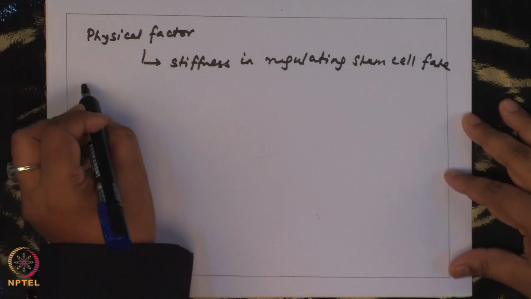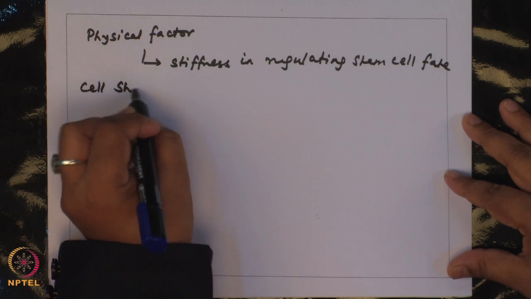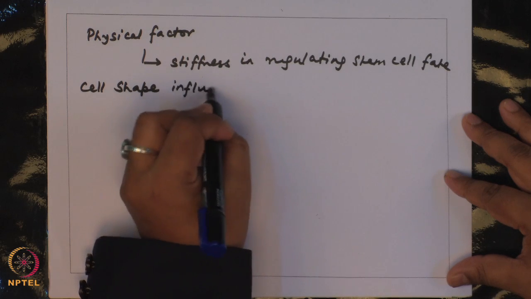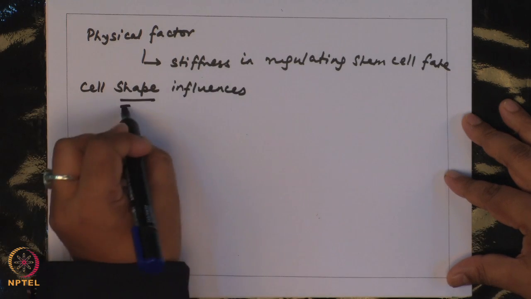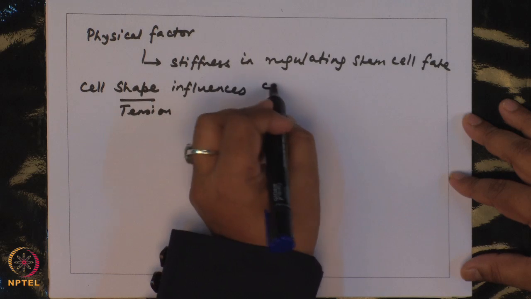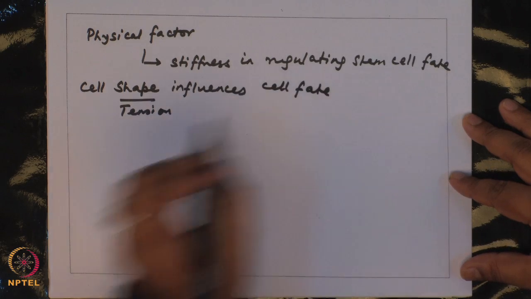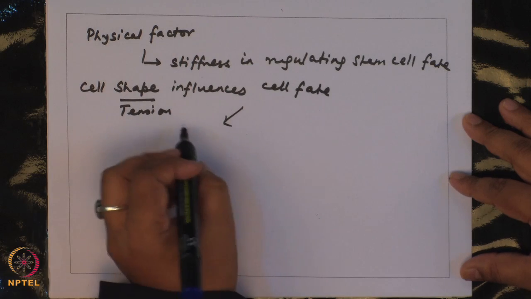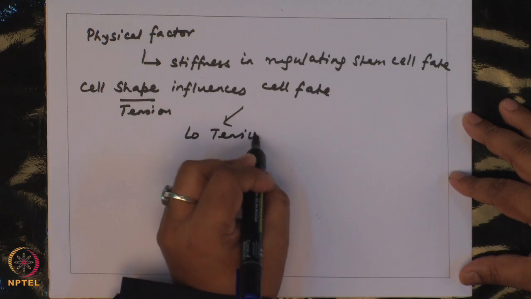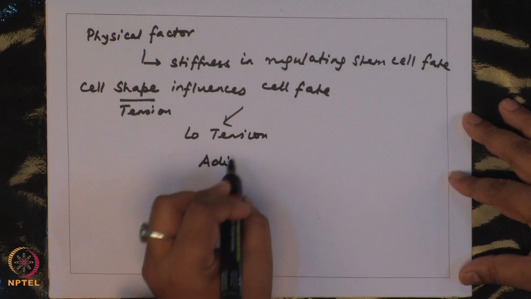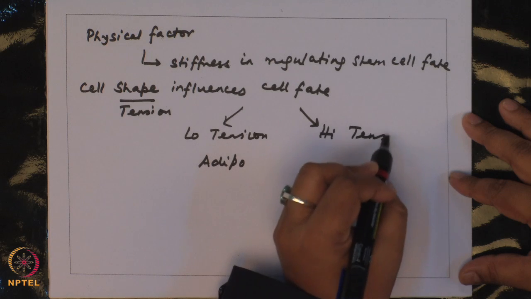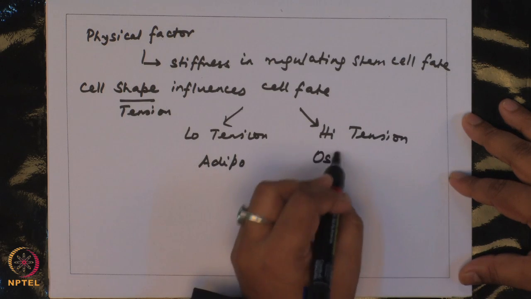Previously I showed that cell shape influences cell tension, and tension influences cell fate. When you have low tension you get adipogenic differentiation, and when you have high tension you get osteogenic differentiation.